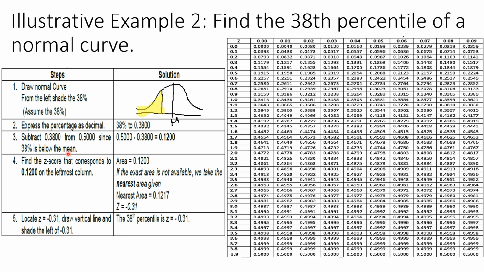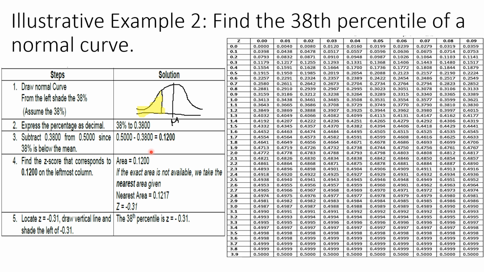After that, we either subtract, no? Subtract 0.5 to the area, or we subtract the area from 0.5. Since 0.38 is lower than 0.5, therefore we subtract 0.5 to 0.38, and our answer is 0.12.